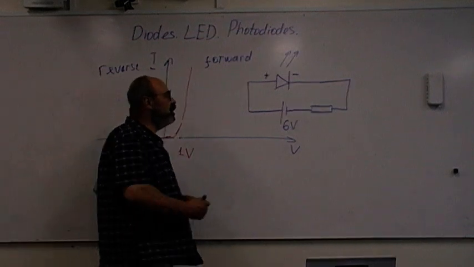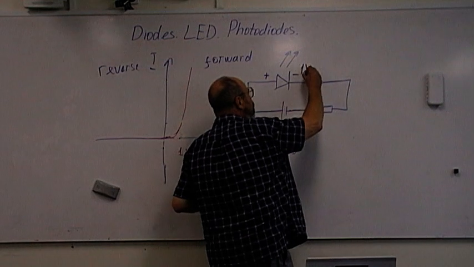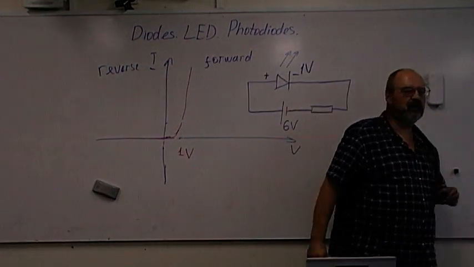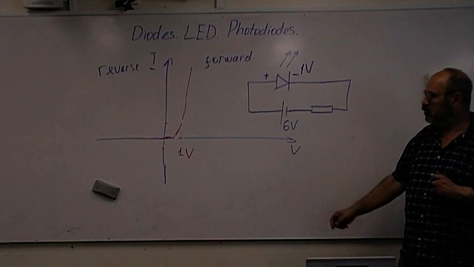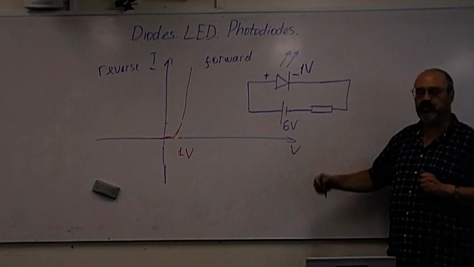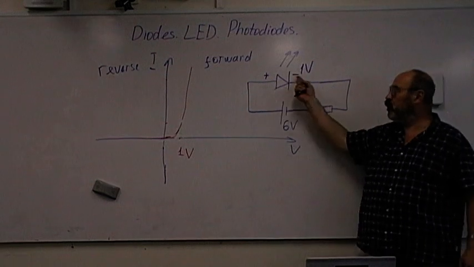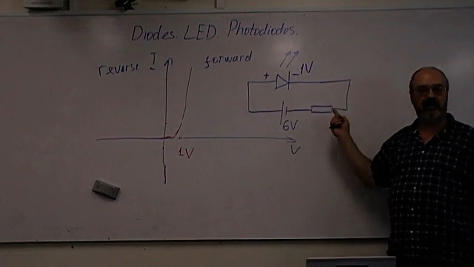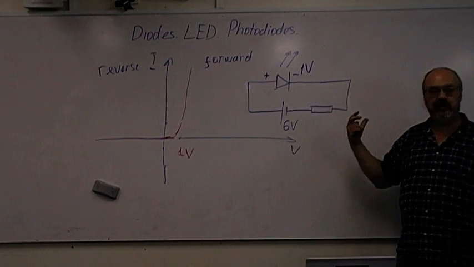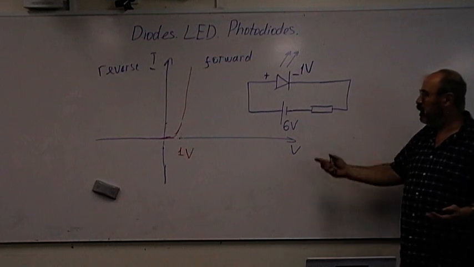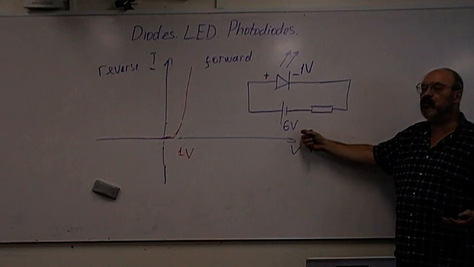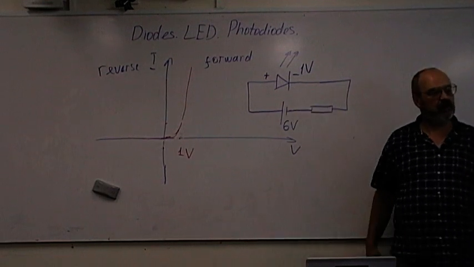So we have 1 volt across here. What will be the voltage across the resistor? 5 volts. Total voltage supplied is 6 volts. What type of connection is this? Series or parallel? Series. In series, what do you know about voltage? They add up. So the total is 6. Out of those 6, 1 volt will be across the diode.